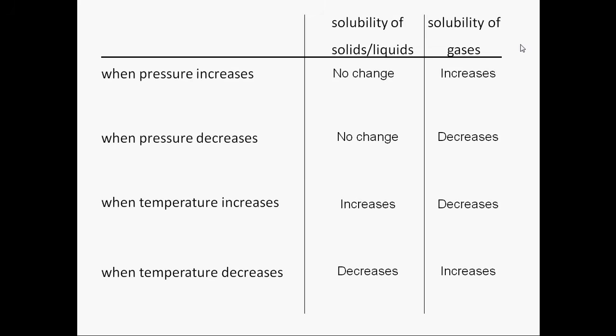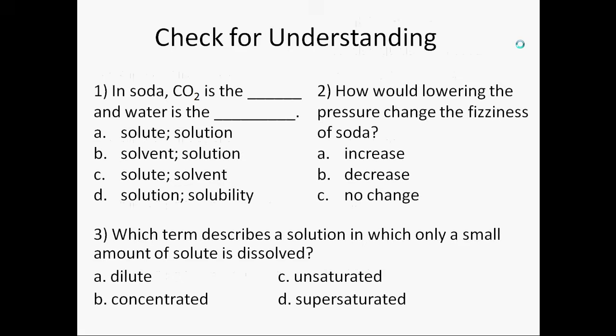Okay. Now just to check to see if you really got this, a few questions for you to consider. First, looking at the solution of soda, we want to figure out what role carbon dioxide plays in it and what role water plays in it. Second question, how would the fizziness of a soda change if we move that soda to a place of lower pressure, like at a high altitude, for example?